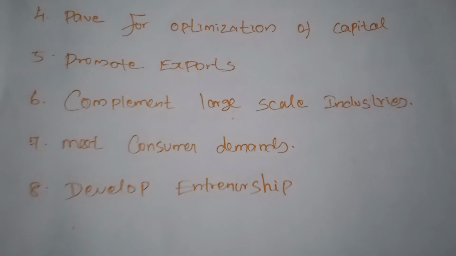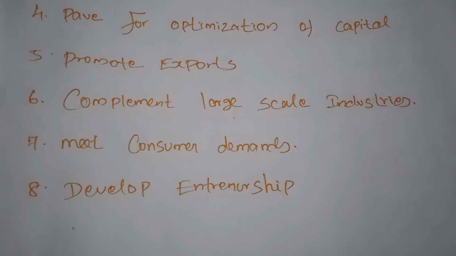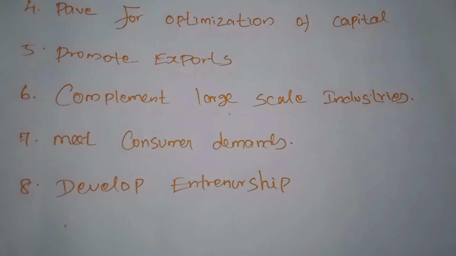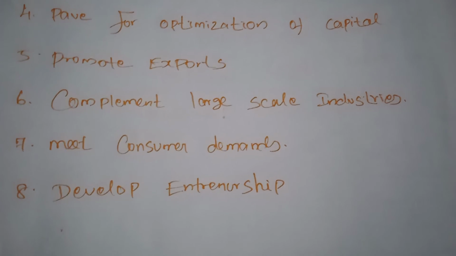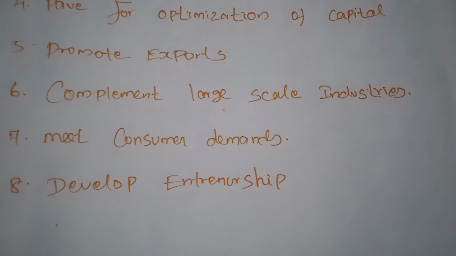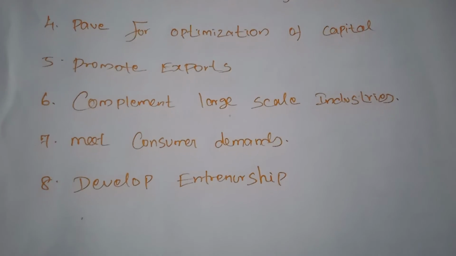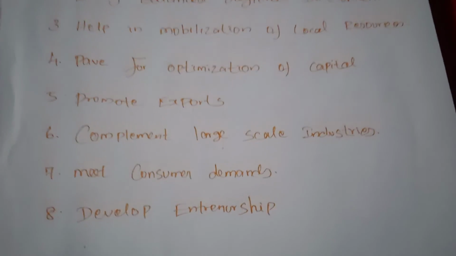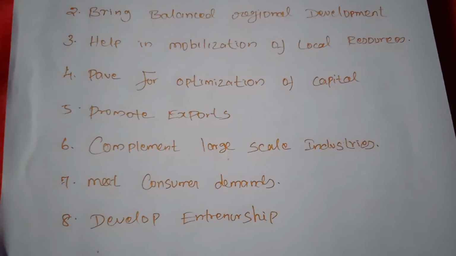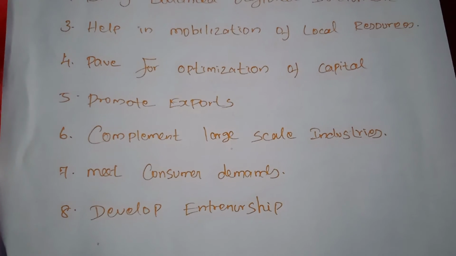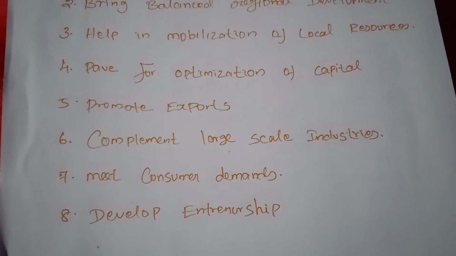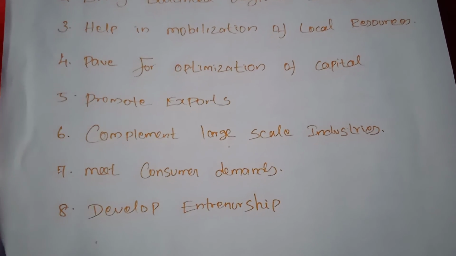Next, the small scale industries provide parts, components, and accessories to the large scale industries and meet the requirements of the large scale industries. So the large scale industries' profit also depends upon the productivity of the small scale industries only. Even so, the small scale industries serve as an ancillary to the large scale units.